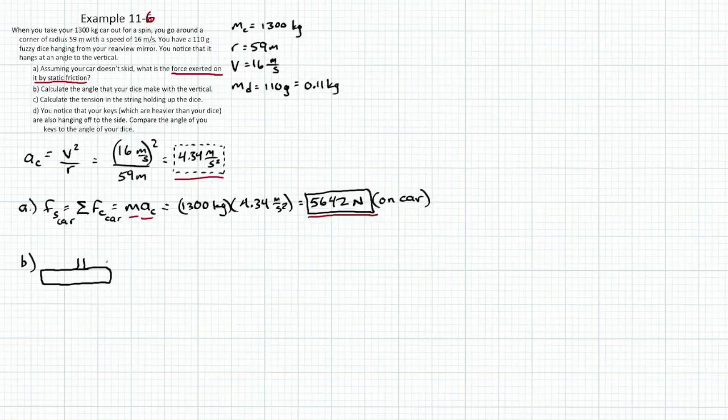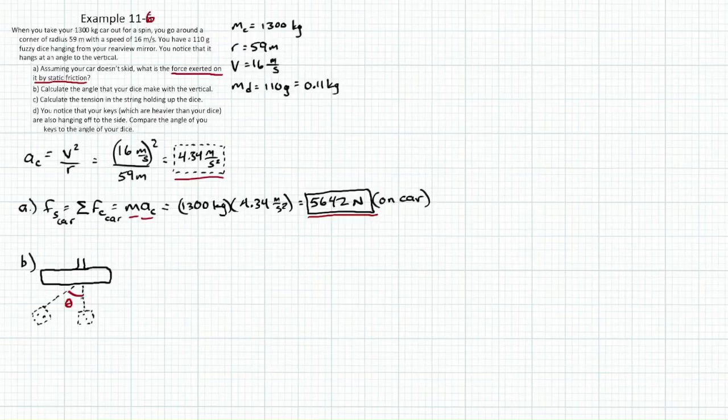And as you go around the corner, fuzzy dice, which oftentimes people have hanging from their mirror, are going to slide out to the left or to the right because centripetal force is acting on the objects in the car, and it's going to actually push that off to the side. Okay, so B is actually asking us, what is this angle right here?